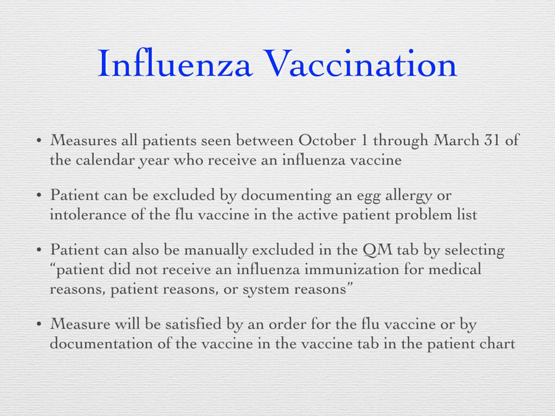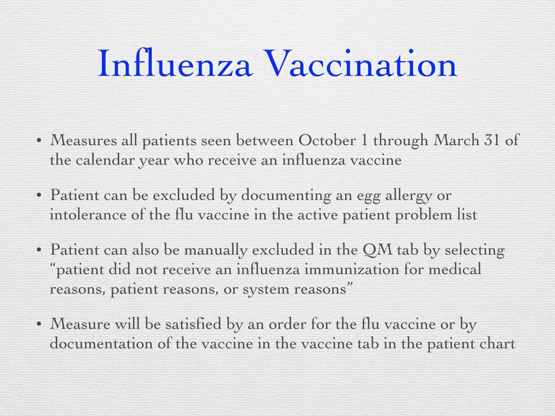All patients should be offered the influenza vaccination from October 1st through March 31st. Patients can be excluded from this measure by documenting an egg allergy or intolerance of the flu vaccine in the active patient problem list. The patient can also be manually excluded in the QM tab by selecting one of the drop-down options.